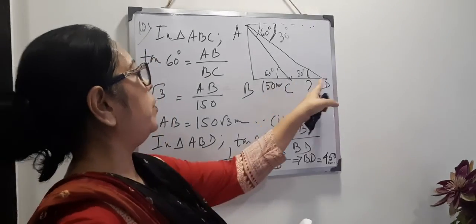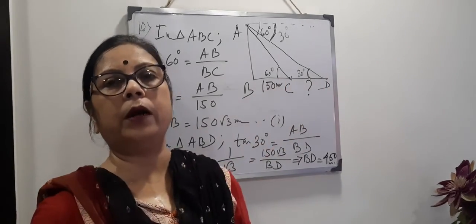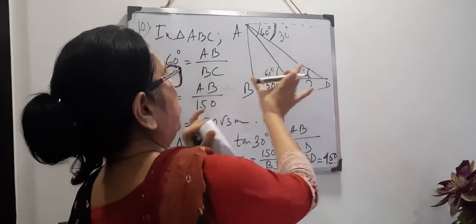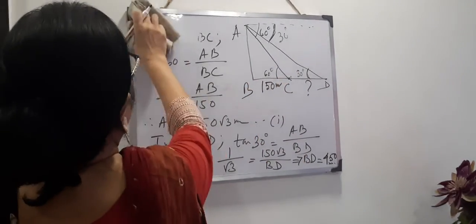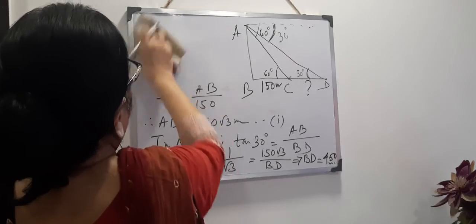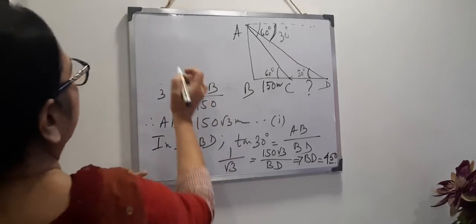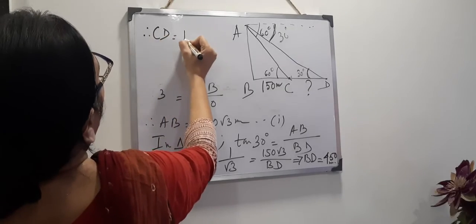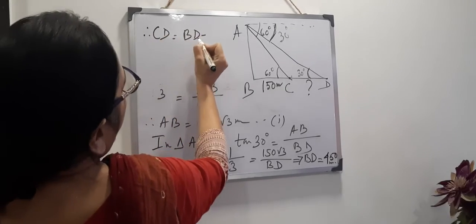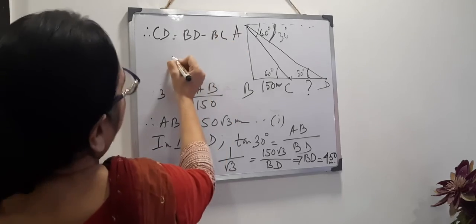We have to calculate CD. So CD means what? BD minus BC. Therefore, CD equals total BD minus BC.